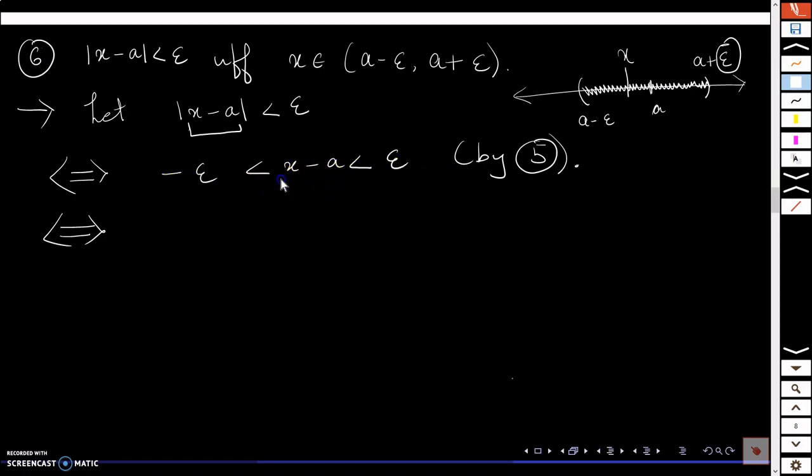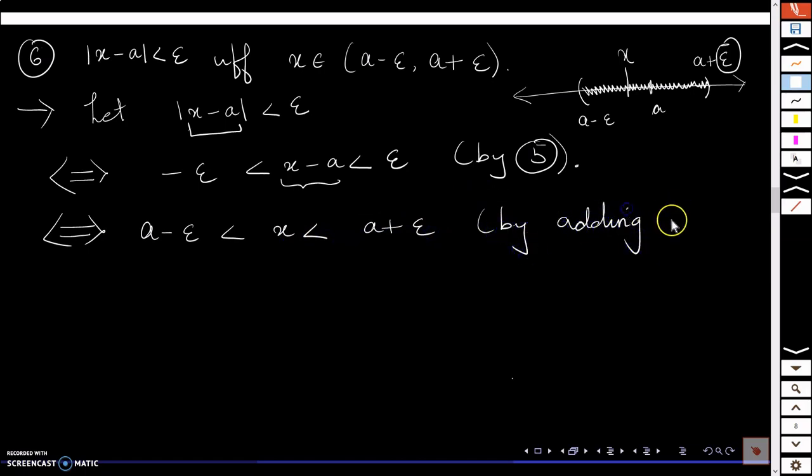throughout this inequality. So I'll add A here, and A here. So when I add to the central part here, only x will be remaining because A will cancel out with minus A. So if I add A throughout, I have this with me, right? So this is by adding A throughout.